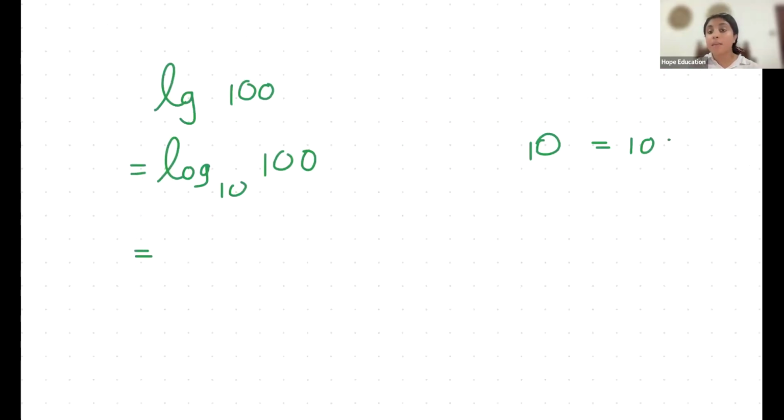Then log එකේ answer එක තමයි index form එකේ power එක. 10 to which power is 100 ළමයි? 10 to the power 10, no. 10 times 10 is 100, yes. But 10 to the power 2. 10 to the power 2 is 10 times 10, no. So 10 to the power 2 is 100. එහෙනම් මේකේ answer එක 2. Did you all understand that, ළමයි?